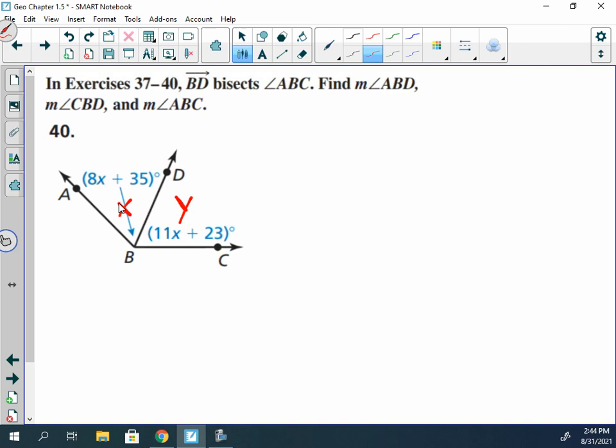And if I want to find the angles, well, all I need to find is the value of x, yes? Well, they give us the same value, yes? So really, I can say 8x plus 35 is equal to what? Because these two are going to be the exact same, so I can set them equal to each other.